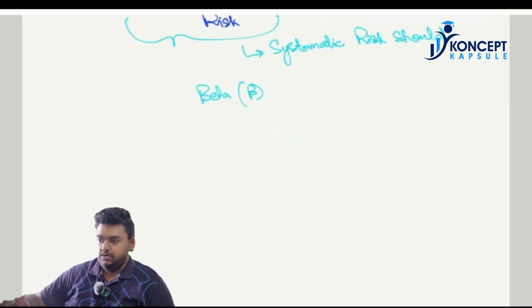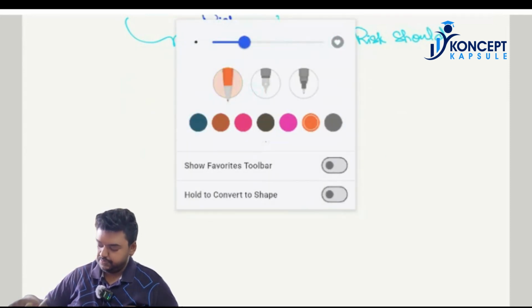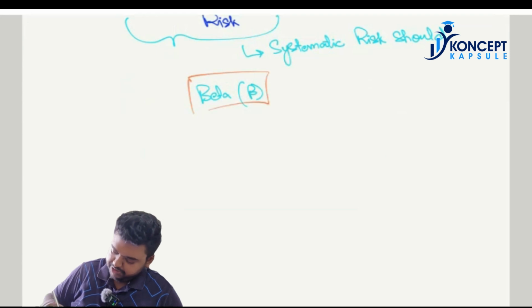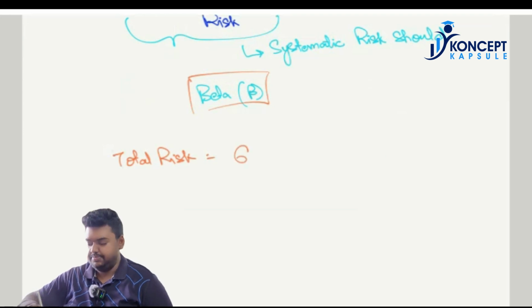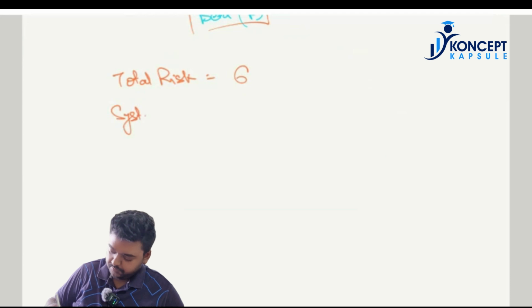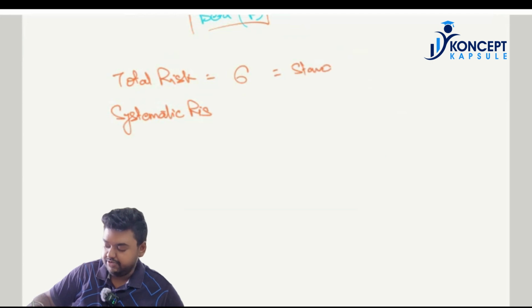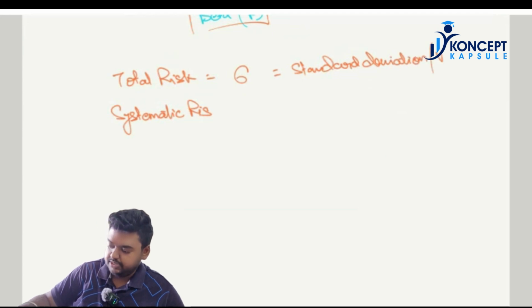Now on a similar note, we know total risk is usually indicated by sigma or sigma square, that is variance, and we know we can compute it using standard deviation and variance measures.